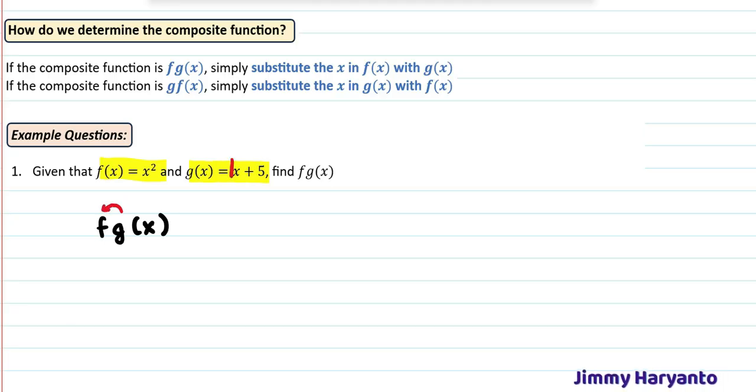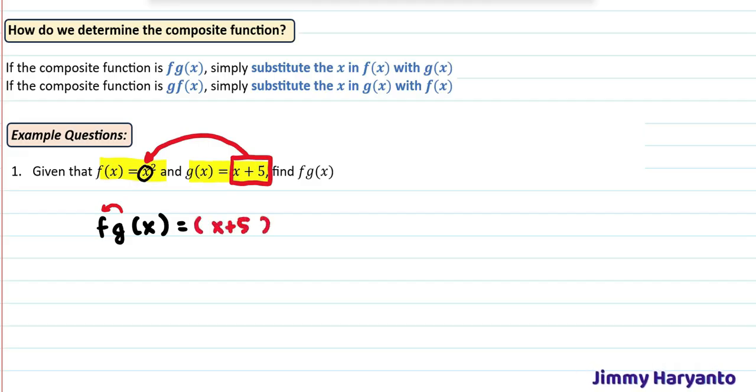So you input it into this x. The x will be replaced with x plus 5, and then you will write down the rest, x plus 5 squared. There you go. So the rule for fgx directly is x plus 5 squared.